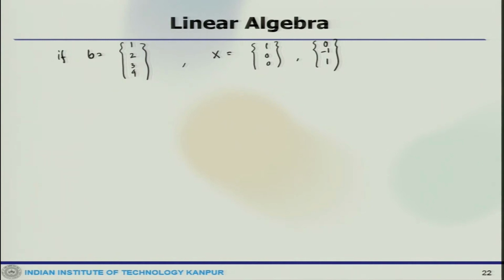So, for a particular b, the question is whether the two solutions form a subspace.